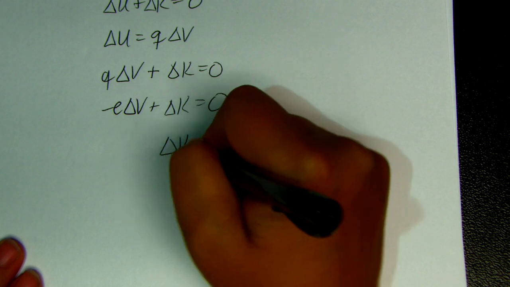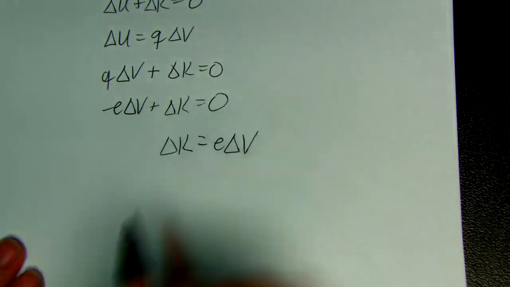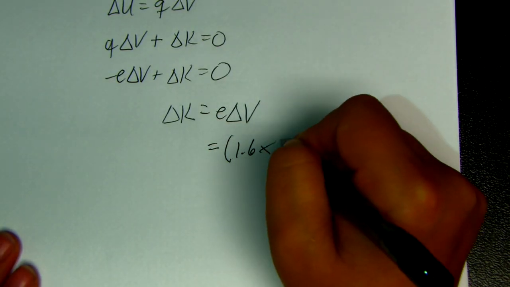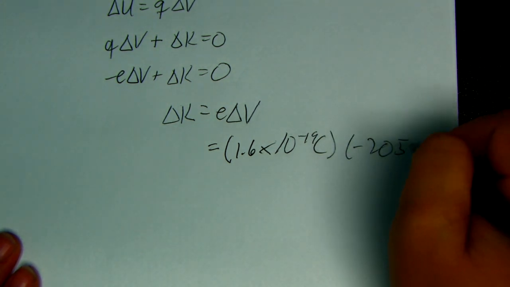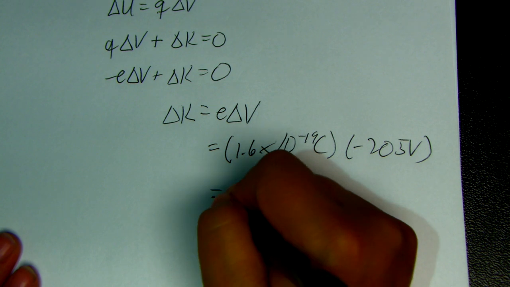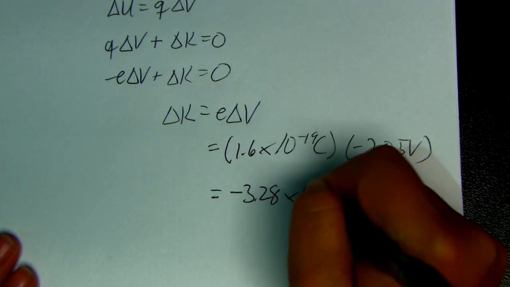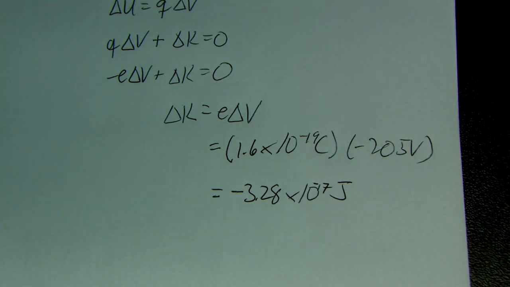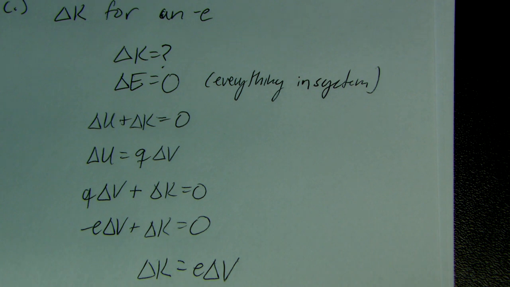Delta K is equal to e delta V. We've lost our negative sign to bring it over. Is equal to 1.6 times 10 to the minus 19 coulombs times minus 205 volts is equal to minus 3.28 times 10 to the minus 17 joules.